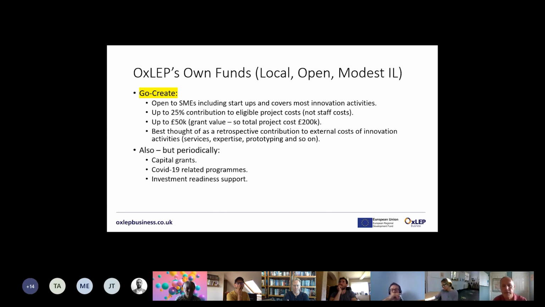The level of innovation that we look for, I would say, to be honest, is modest. You don't have to be groundbreaking. You don't have to be changing the world. You have to be bringing a new product or service to market, and you're simply looking for some help with the costs of doing that. It's best thought of, my fourth bullet point there, as a retrospective contribution to external costs of innovation.